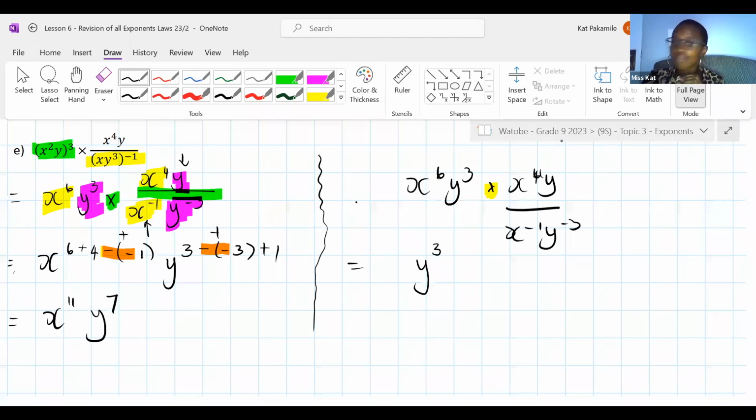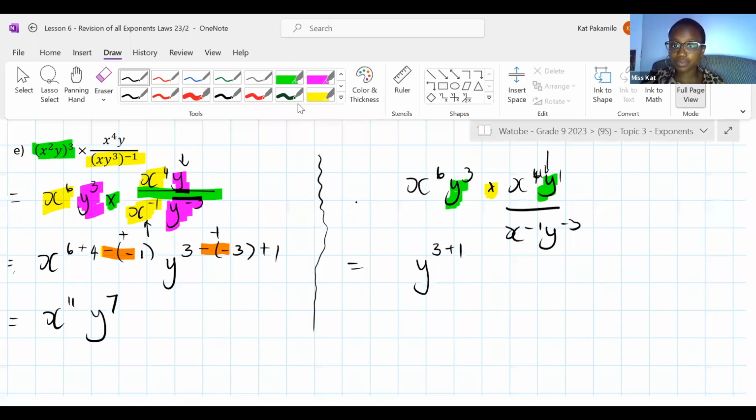This y doesn't have an exponent, but if there is no exponent, then the exponent is 1. So if we are multiplying, we add the exponents, so it's going to be 3 plus 1. You see where that 1 comes from?